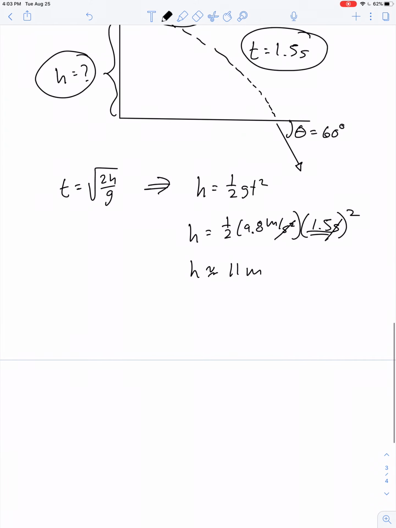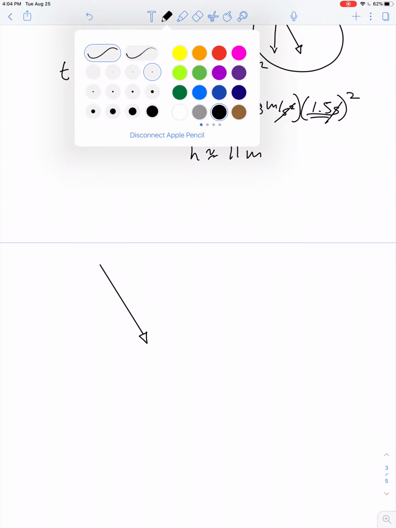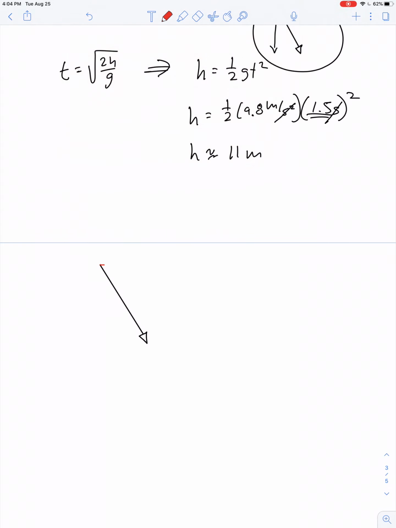Well, back to this notion of picturing just the components of the overall velocity. Let's zoom in on this a little bit. So what we have is an overall speed at impact suggested by the arrow pointing at an angle. And that's a result of having a combination of horizontal motion and simultaneously vertical motion.